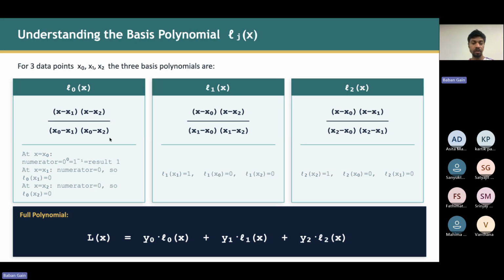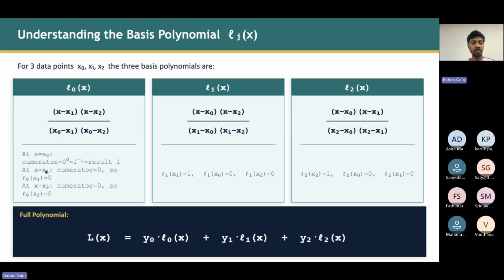Let's assume you have 3 values, X0, X1, X2, and you have 3 Y, which is Y0, Y1, Y2.